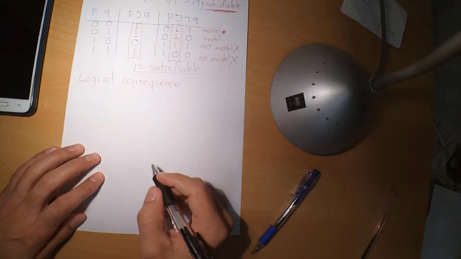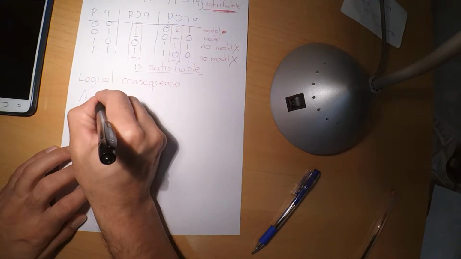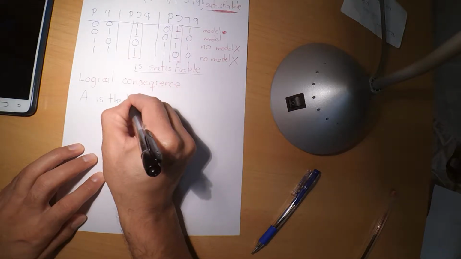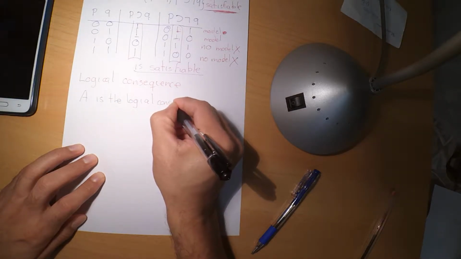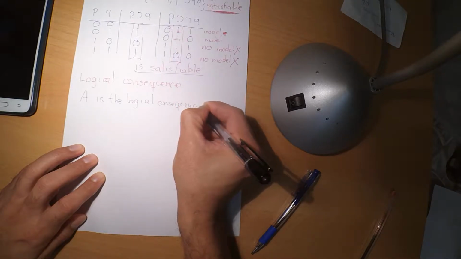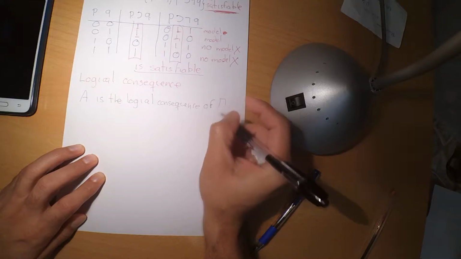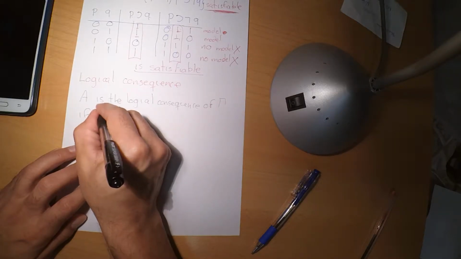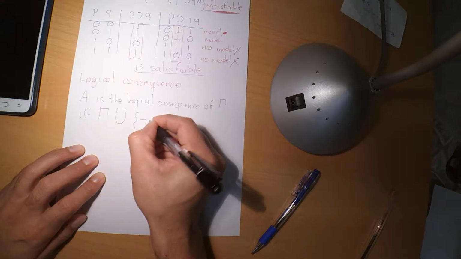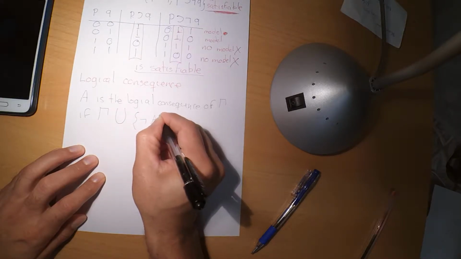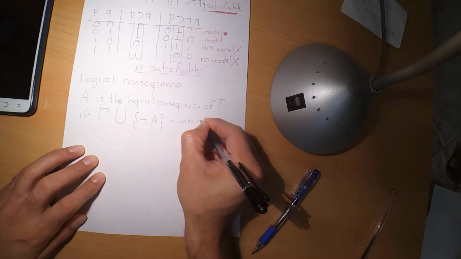The definition, short as soon as possible: A is the logical consequence of gamma if gamma union the singleton negation A is unsatisfiable.